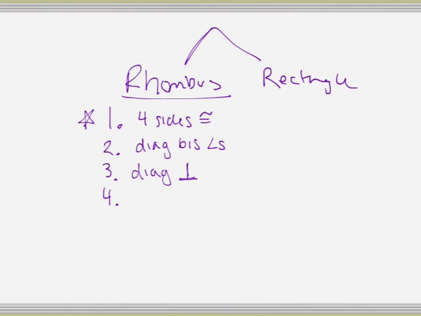For the last blank here, we didn't have any more theorems about a rhombus, but because a rhombus is a parallelogram, everything that's true about a parallelogram should be true about a rhombus as well. So we're going to say all parallelogram rules apply as well. Those 7 things we had written down under parallelogram are also all applicable to a rhombus.